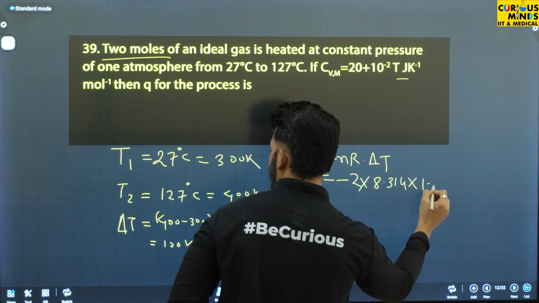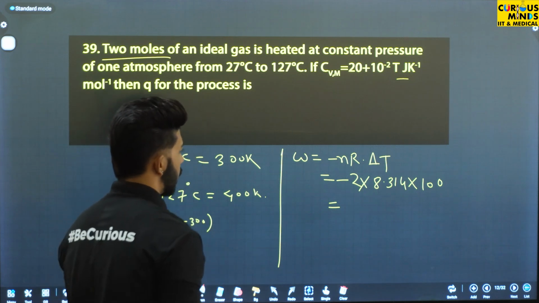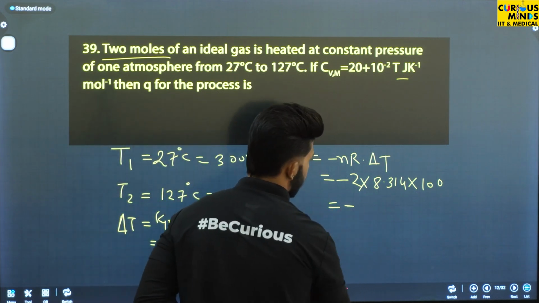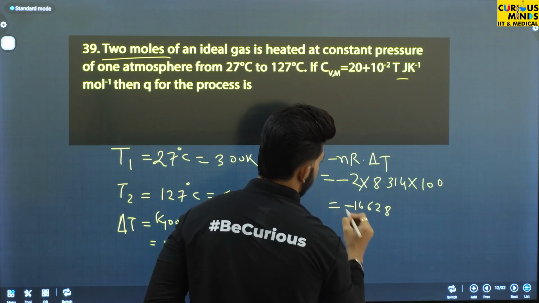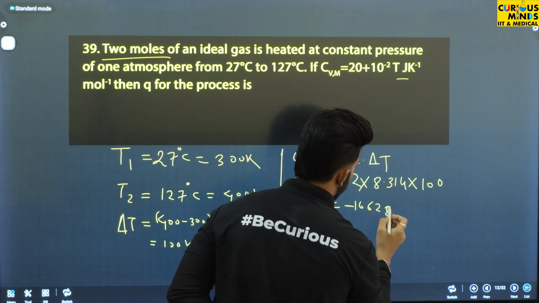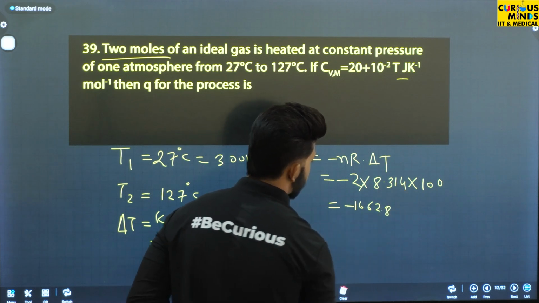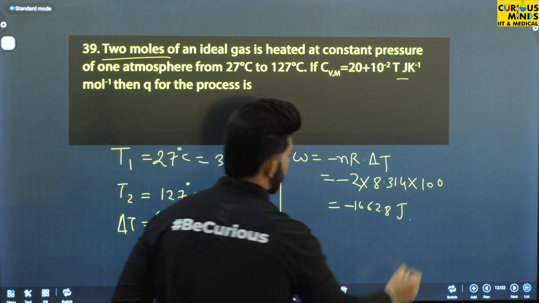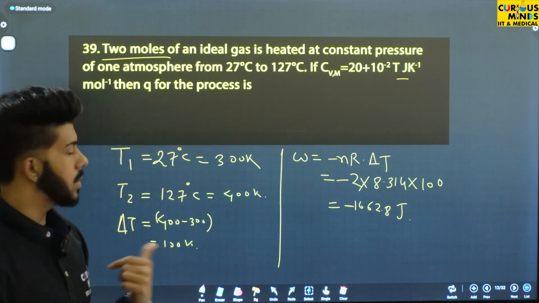And delta T is 100. So this will be minus 1662.8 joule. This will be your W. That means this is the work done of this process.